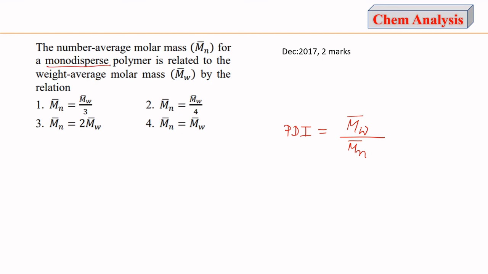And for a monodisperse polymer, polydispersity index is equal to 1. So it is a very easy question and it is for 2 marks. So we can solve this equation and we can get that weight average molar mass is equal to number average molar mass. So option number 4 is the correct answer.